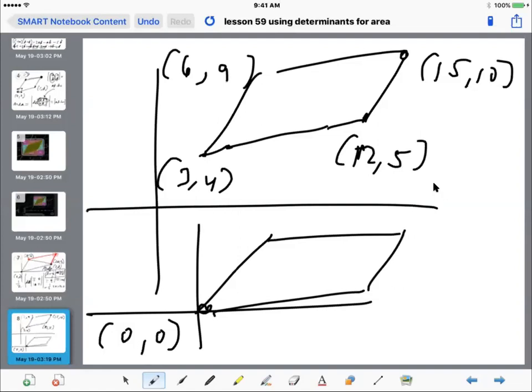Okay, someone please tell me what are the coordinates of the top left and the bottom right now?